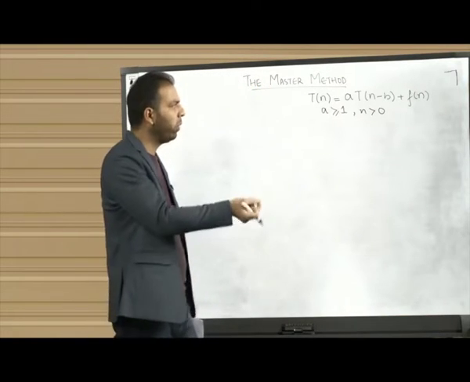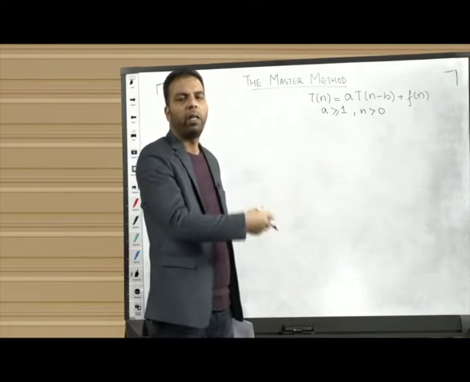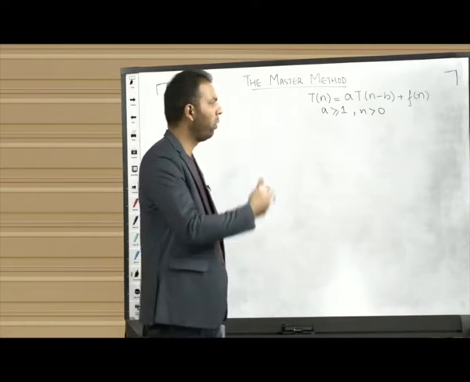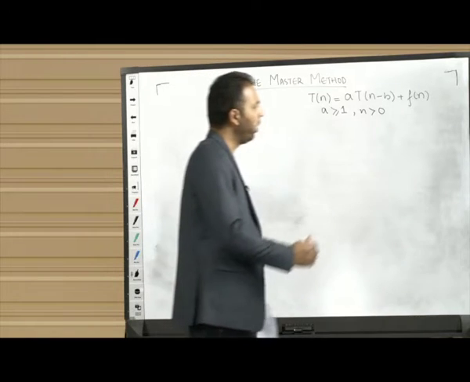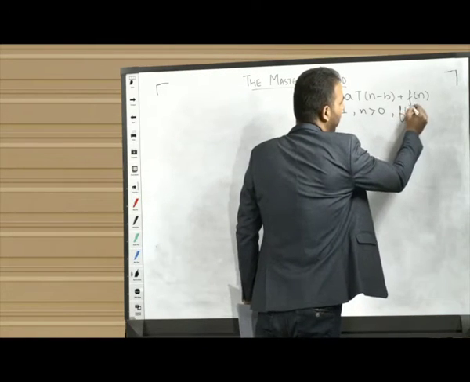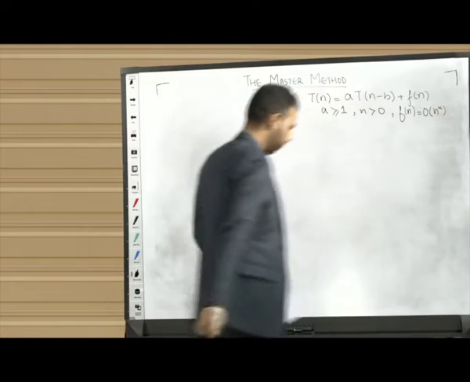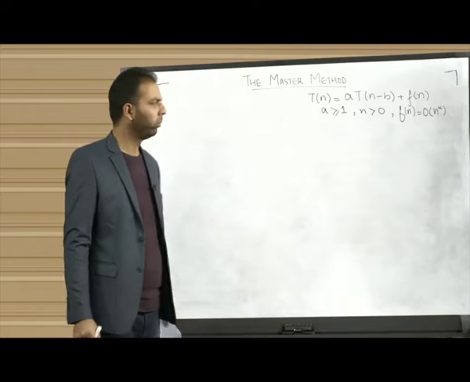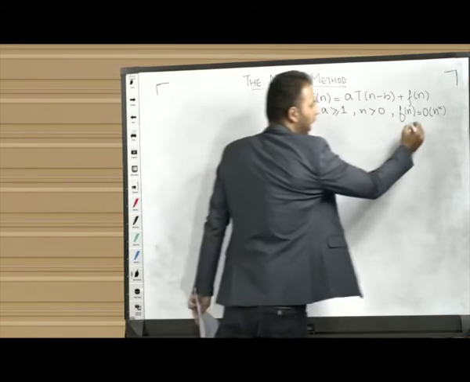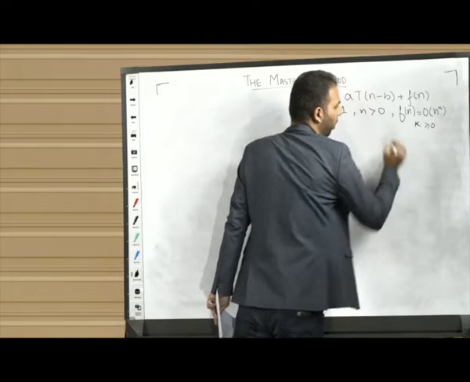If you take any value greater than 0, that will decrease the value of n, and you can have a stopping condition, or means you can solve it recursively. And also your f(n) is order of n raised to power k, where k is greater than or equal to 0.